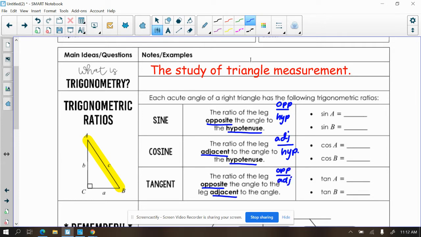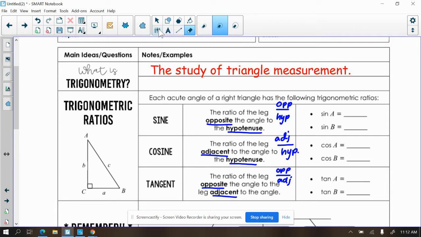So let's take a look at this. Sine of A: I'm going to erase this yellow side since we know that's the hypotenuse.